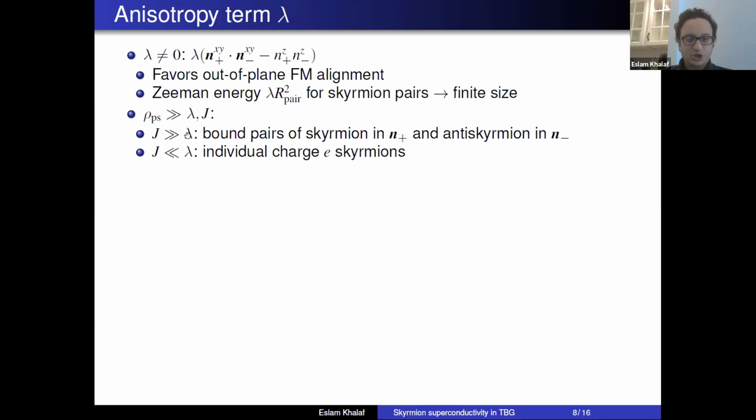If J is much larger than lambda, then we will have bound states of skyrmion anti-skyrmions in n plus and n minus, as I explained in the previous slide. If J is much smaller than lambda, then this bound state pays a lot of energy compared to the individual skyrmions. So actually the individual skyrmions would unbind. So we'll have some critical ratio of these parameters for which we'll transition from individual skyrmions to skyrmion pairs.